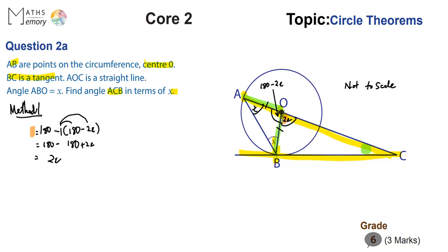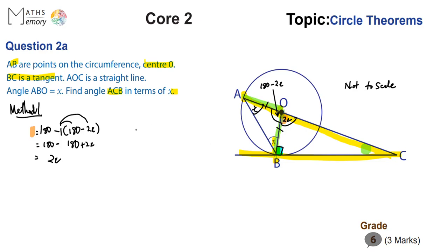This green bit is a radius, and this is a tangent BC. Therefore, this blue bit over here is 90 degrees. Hence, it's not to scale. That's why we mentioned that at the beginning. So don't just look at this and think it's not a right angle. Radius meets tangent, it is 90 degrees.